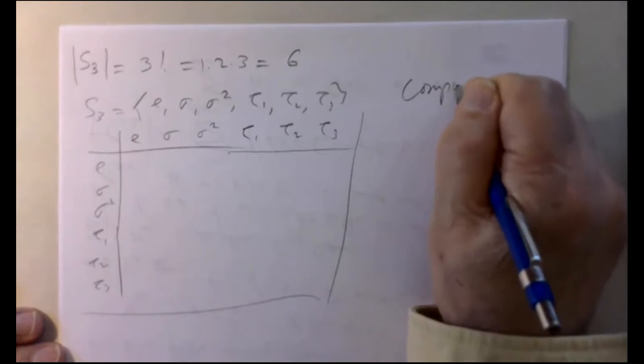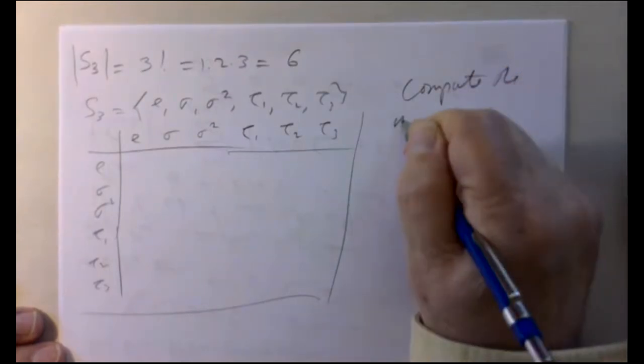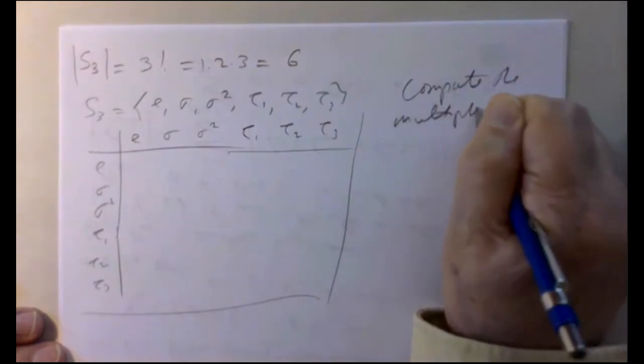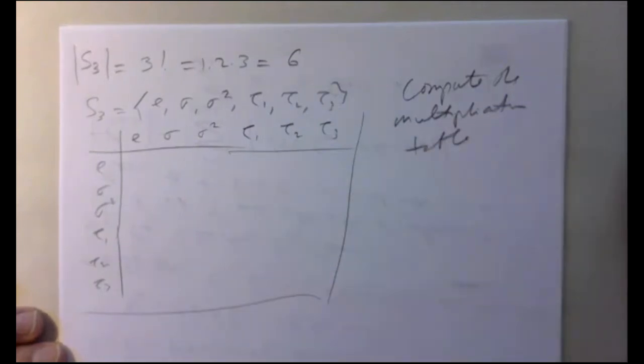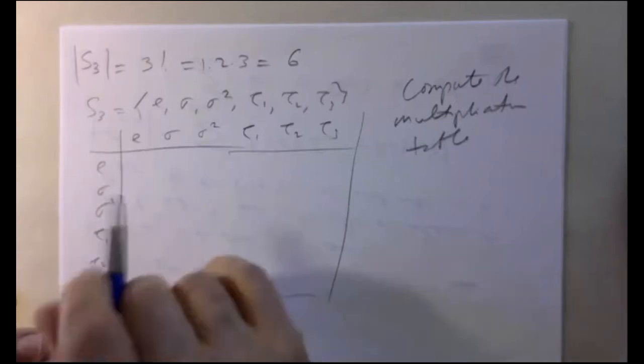We need to compute the multiplication table. So I will do some of it. It's all written down in the notes, but you need to be able to compute this yourself.